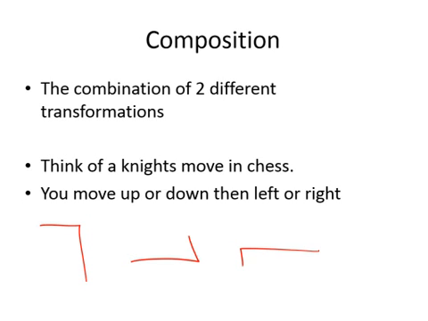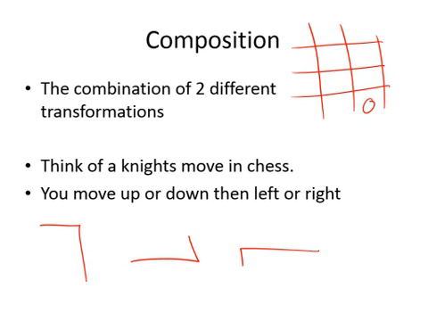So we've got two different translations: our north-south change and our east-west change. In translations, it doesn't matter which one comes first because you're going to end up at the same point. Again, for those of you that have played chess, let's make a quick grid. If you're sitting here and you want to move to this point here, you can either move up two then over, or you can move over then up. They're going to get you to the same place, no matter which one you do first.